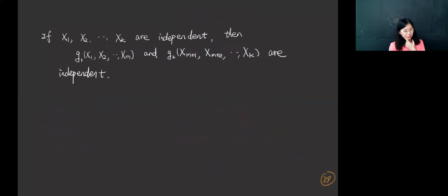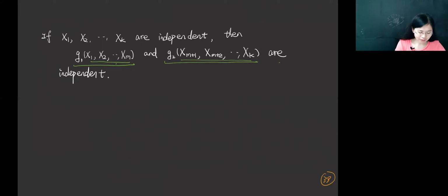The last point I want to make is that if the group of random variables x1, x2 to xk are independent, jointly independent, then any function of a subset, let's say the first m of these random variables, and any other function of the rest of the random variables are independent.